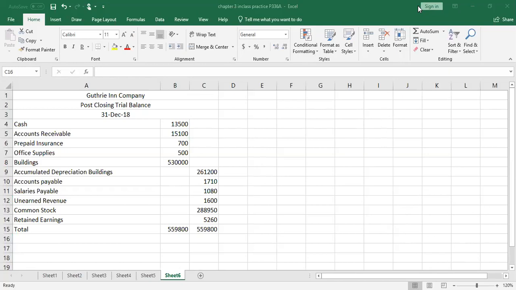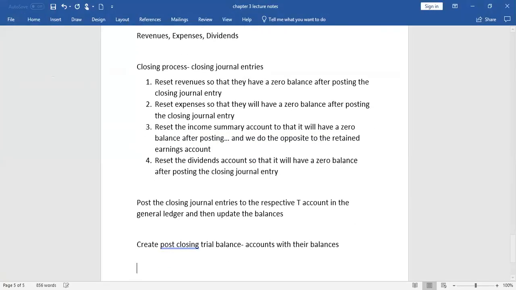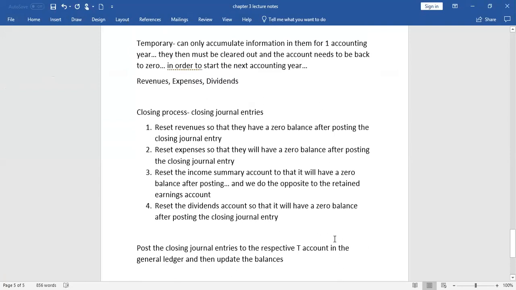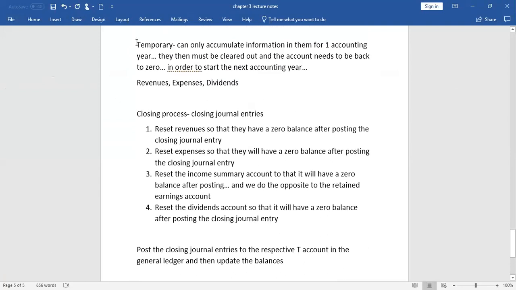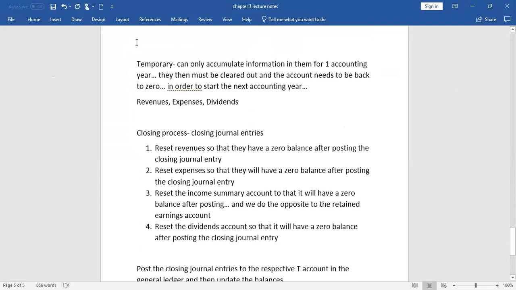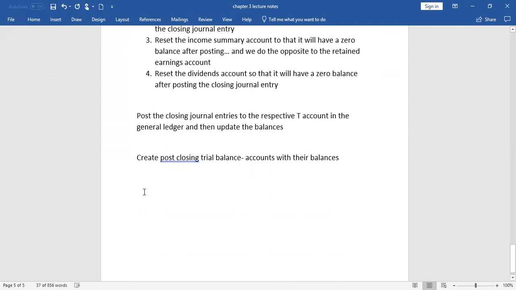Cool. So I'm going to go back over right now to my lecture notes here. And I want to finish something I started talking about. Remember up here I said there's 2 major classifications or types, two words we could use to describe accounts. One is temporary, and we've listed the temporary accounts. These accounts must be reset to 0.